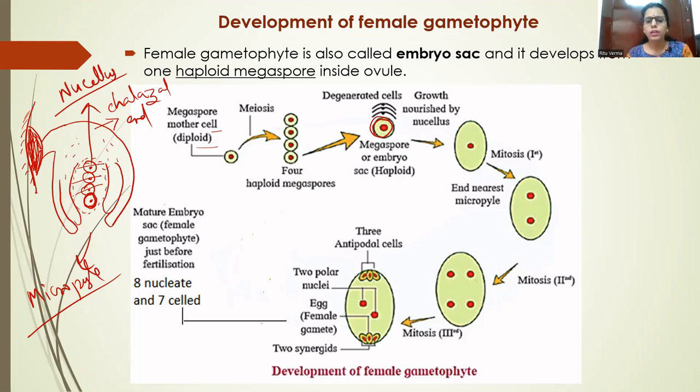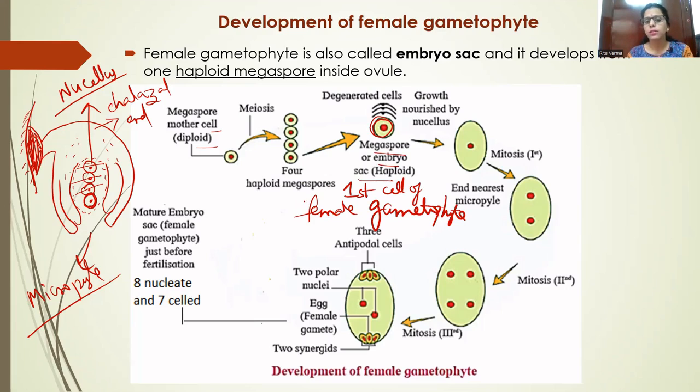This haploid megaspore which is left is actually the first cell of the female gametophyte.